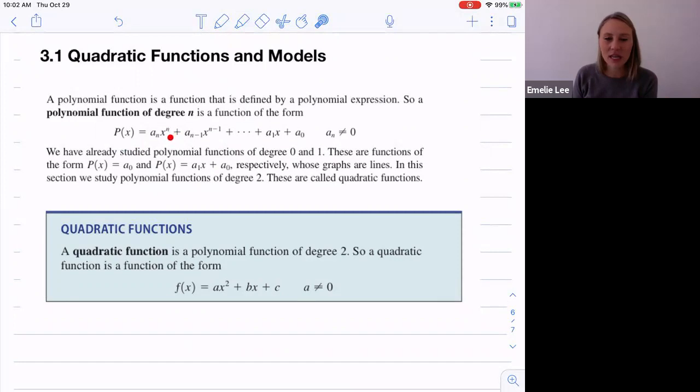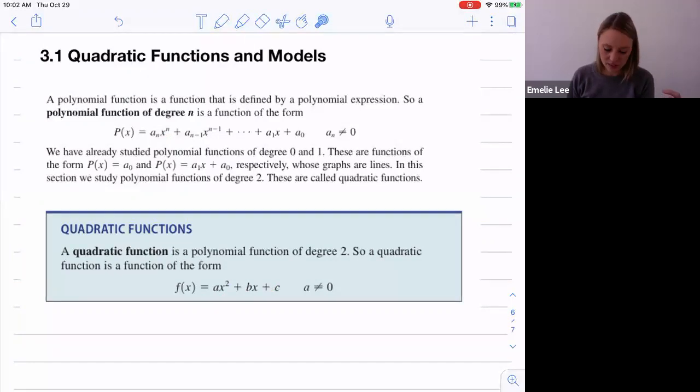So the degree of the polynomial is the highest power of x, which I think we mentioned before. So a quadratic is anything that has this type of form. As soon as the highest power is x squared, then you have a quadratic. b can be 0, c can be 0, but you'd have a quadratic if you have an x squared.